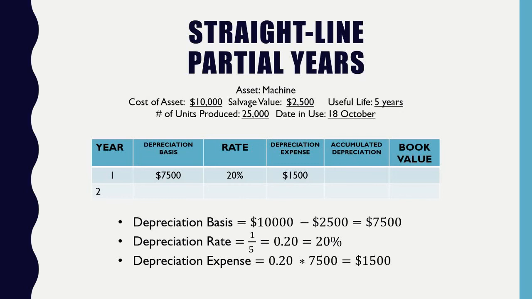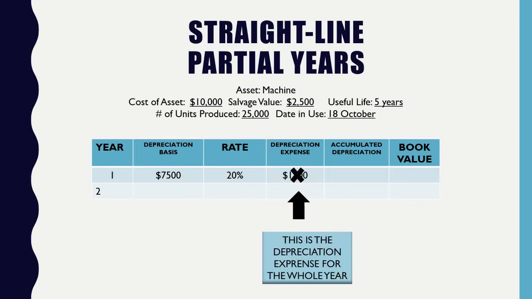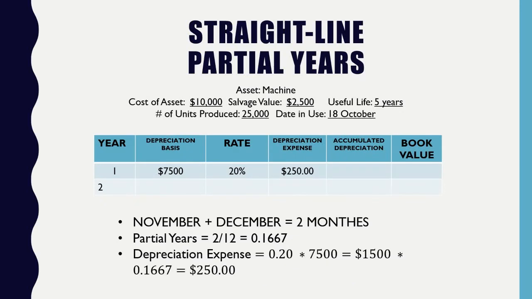No. No, it's only 2 months old, right? So I need to adjust my depreciation expense by that amount. So in this case, it can't be 1,500, right? Because that's for the whole year. I need to adjust it. How do I calculate it? Well, you have to figure out, right? How old is your asset?